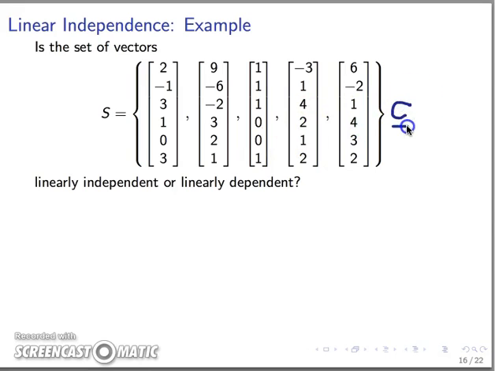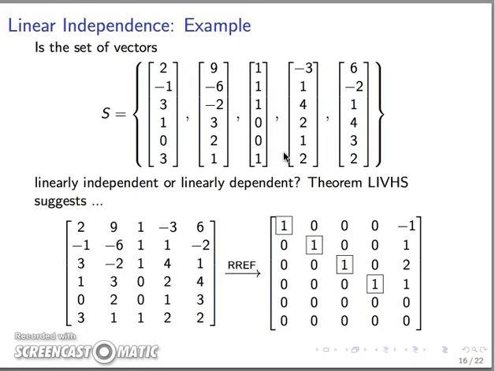This set is a subset of, let's see, how many entries we have in a given vector. There's 2, 4, 6. So this is a subset of C6. And so we want to come up with whether or not this set with 5 vectors in C6 is dependent or independent. We form the augmented matrix and realize that in this case we have 5 columns there, so n equals 5, okay?